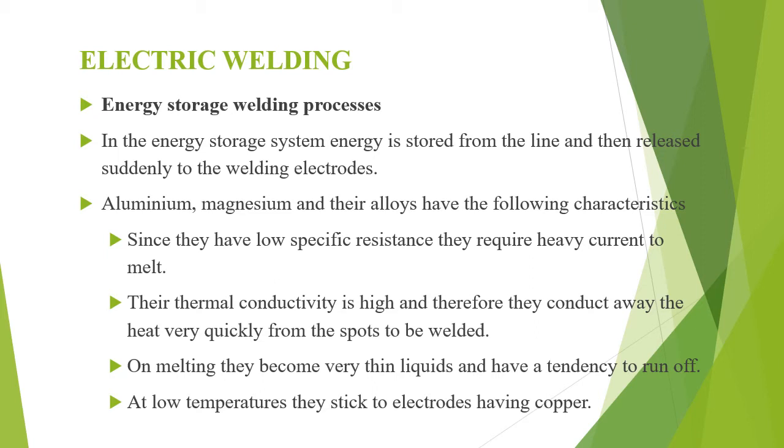On melting, they become very thin liquids and have a tendency to run off. At low temperatures, they stick to the electrodes having copper. To overcome the above problems, the welding should be done under high pressure in a very short time interval and use a very high volume of current.